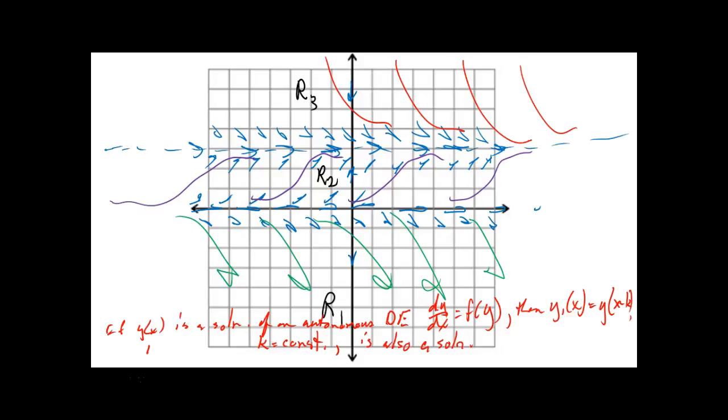Now, the example they give, I think I'll go to black here. Okay? If y of x is equal to e to the x, for any value x, positive infinity to negative infinity, is the solution for the IVP, initial value problem, dy dx is equal to y.